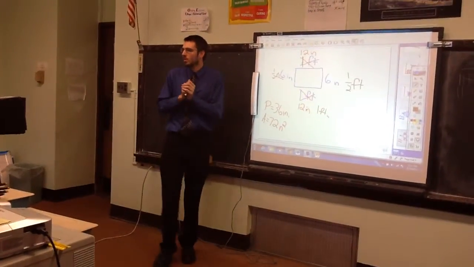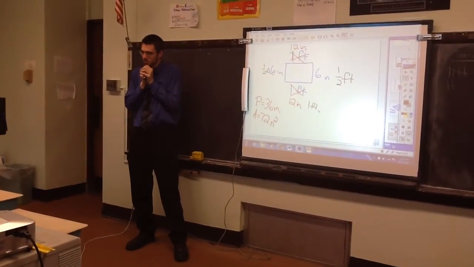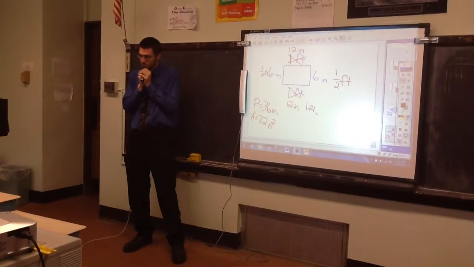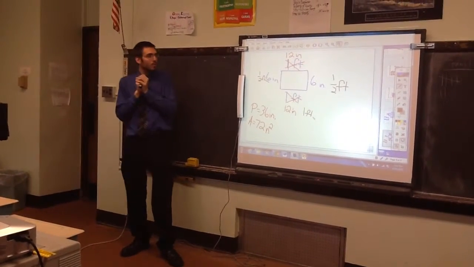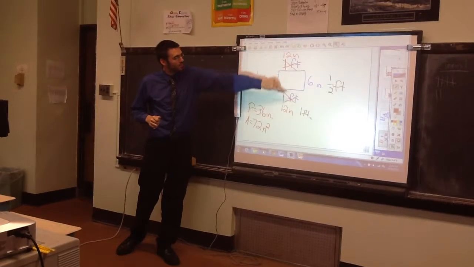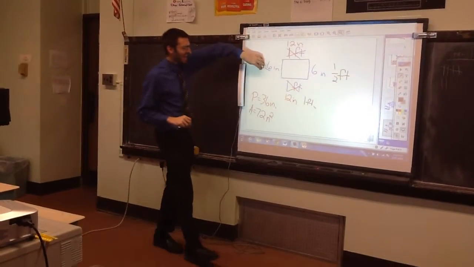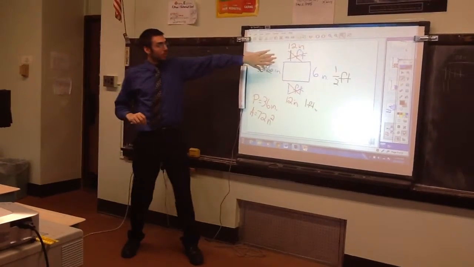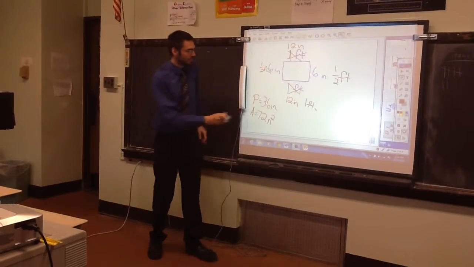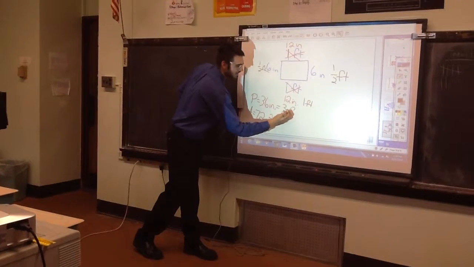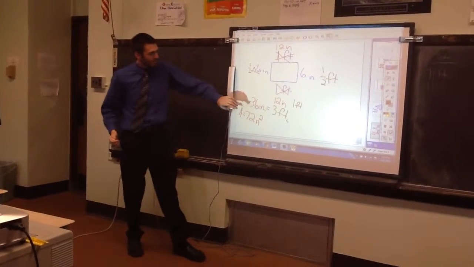Javier? What if we converted the perimeter into feet? Because I did that. Okay, 1 foot and 1 foot is 2 feet. How about this? Half a foot and half a foot is a foot. So we have 2 plus 1, which is 3 feet. And check this out, a little interesting fact right here.